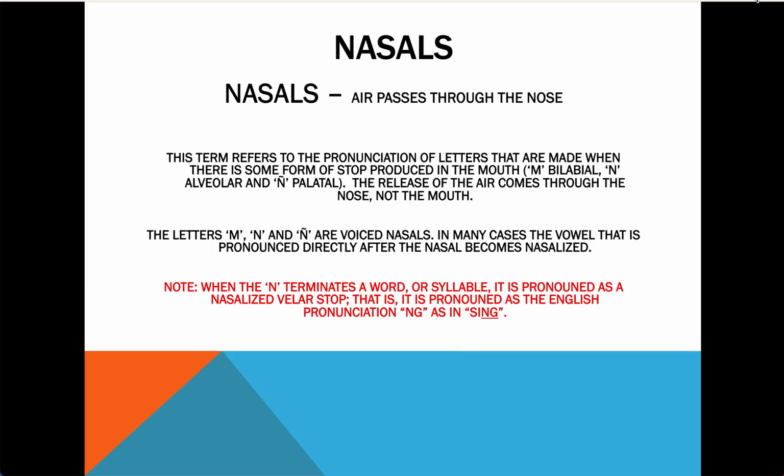The letters M, N, and Nye are voiced nasals. In many cases, the vowel that is pronounced directly after the nasal becomes nasalized. Note, when the N terminates a word or syllable, it is pronounced as a velar nasal. That is, it is pronounced as the English pronunciation NG, as in sing.